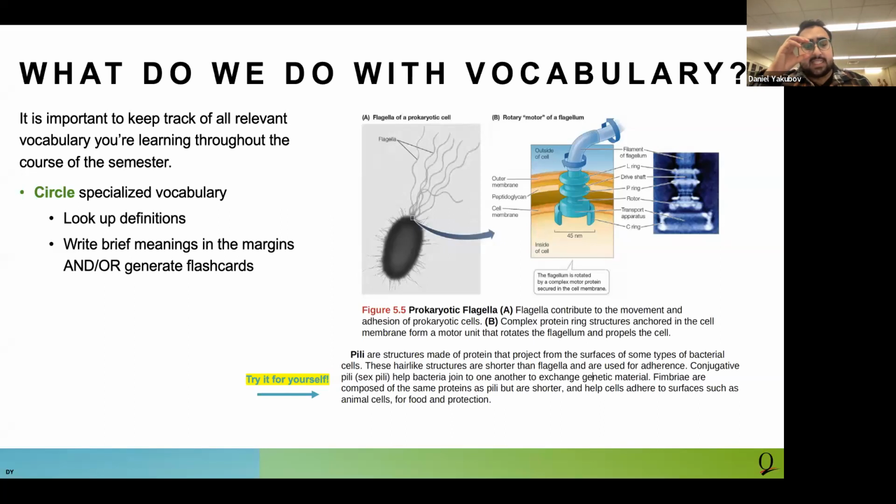All right, because the matter of fact is, it matters what the definition is, but if you make a definition that makes sense to you and it's factually correct, and you're able to recognize it on an exam, that's the only thing that matters. Okay, so again, I made the vocabulary list, and then I used to go into Quizlet.